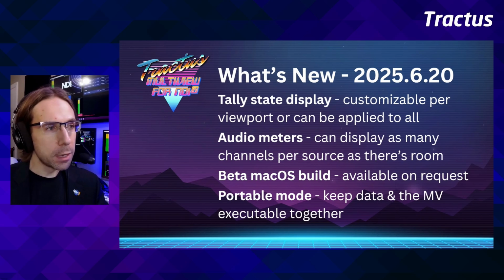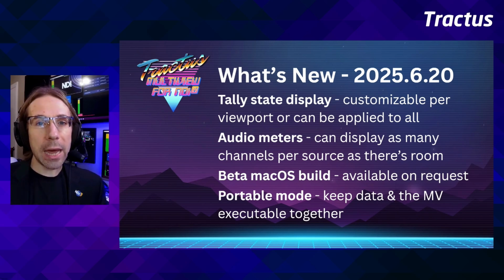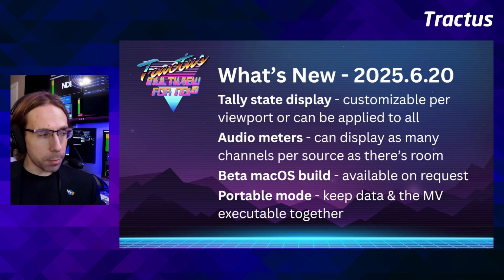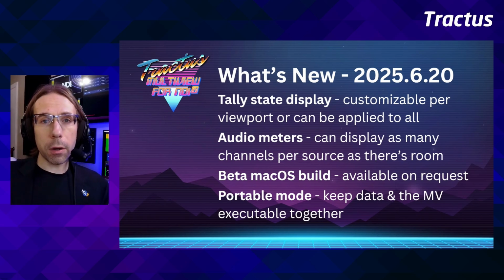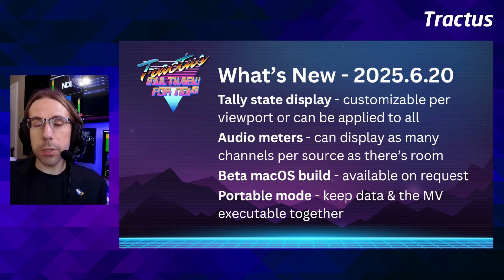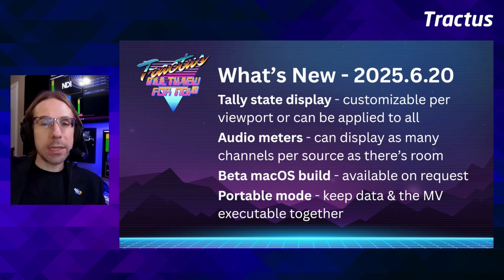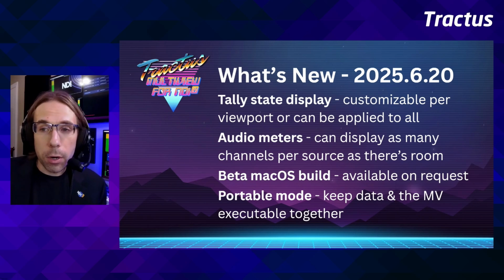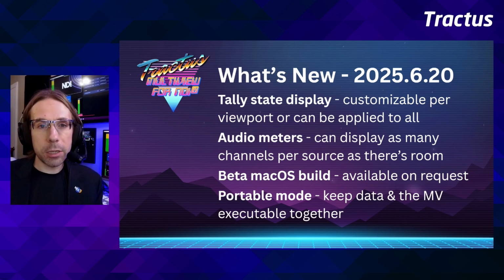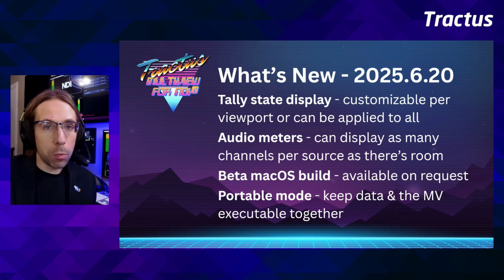Another feature that was added is what's called portable mode. Before, all the configuration for Multiview was stored in a folder in your home directory, and now that same information can be stored alongside the application. The idea is you add a file called portable.txt, or just call it portable, and put it in the same folder as Multiview, and now all the config, all the data, and the executable can move around with each other.